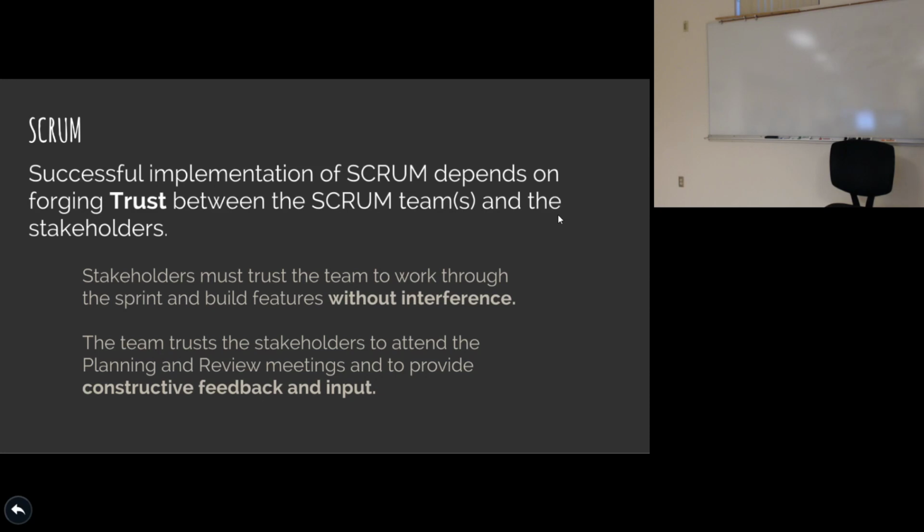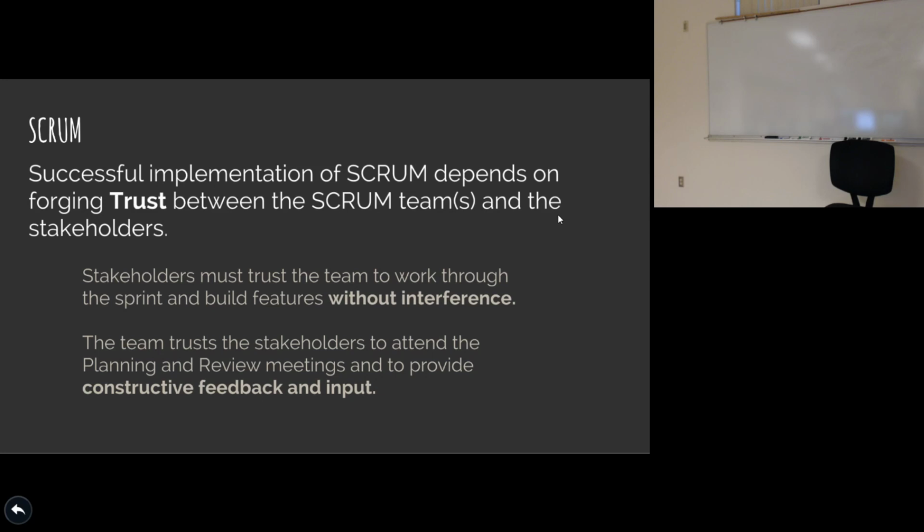The stakeholders need to have enough trust in the team that they can leave it alone while it's working on the sprint. They need to trust them to work on the software and come out with something good, or to take their feedback and use it at the end of the sprint. Make sense? They need to trust them to do their work without being tightly supervised.